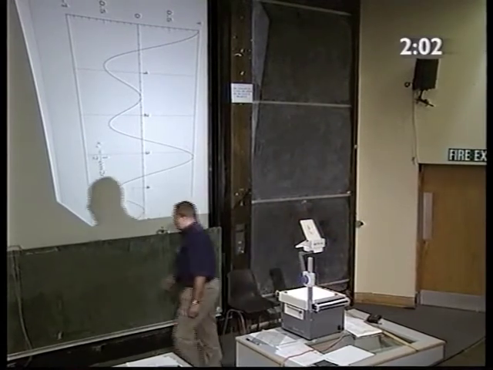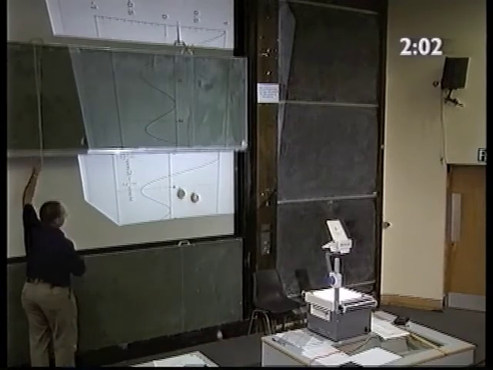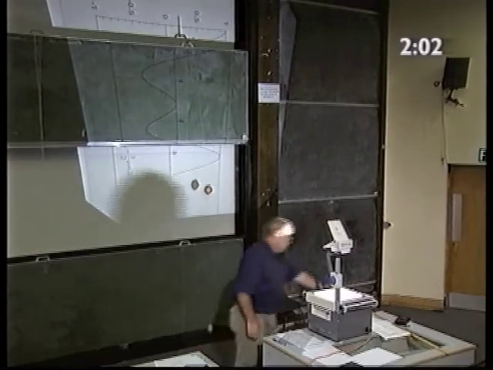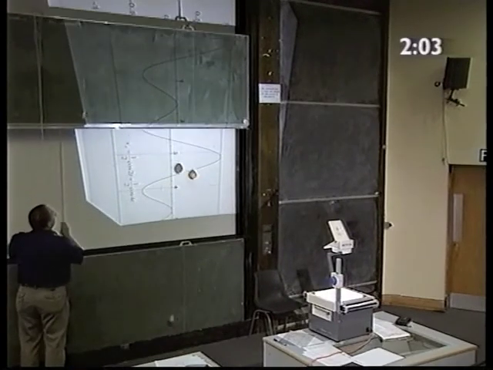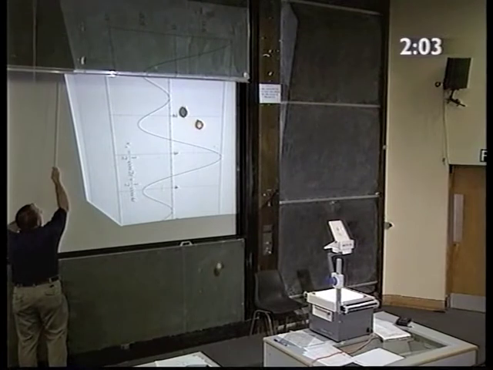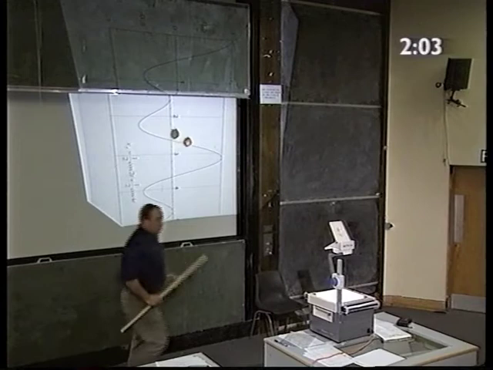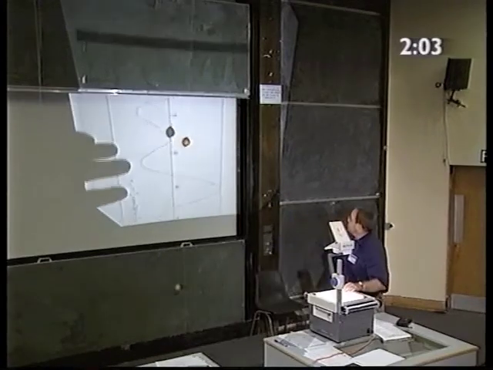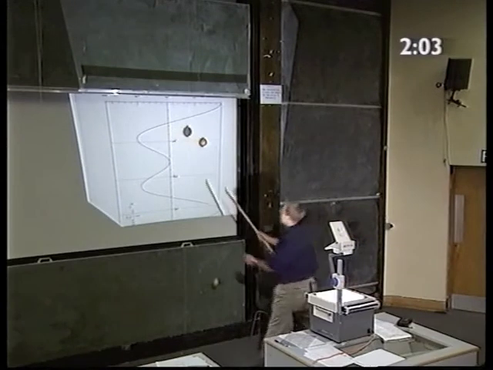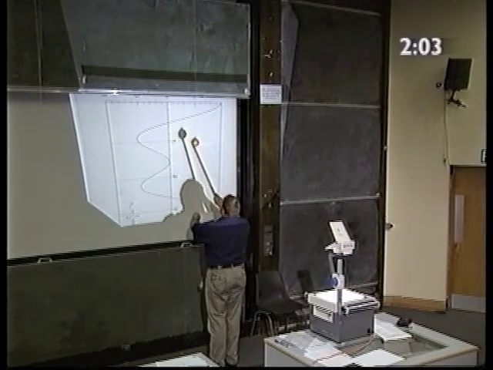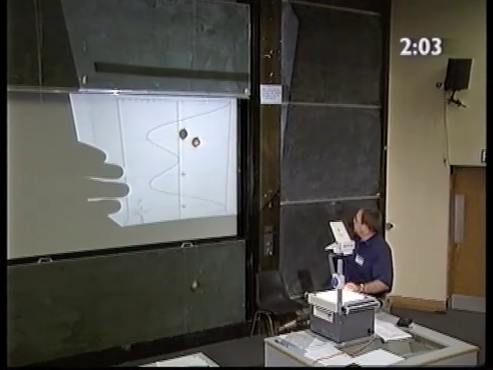So what I'll try and do, I'll just bring down one period's worth of graph. Now I'll try and center this on here.